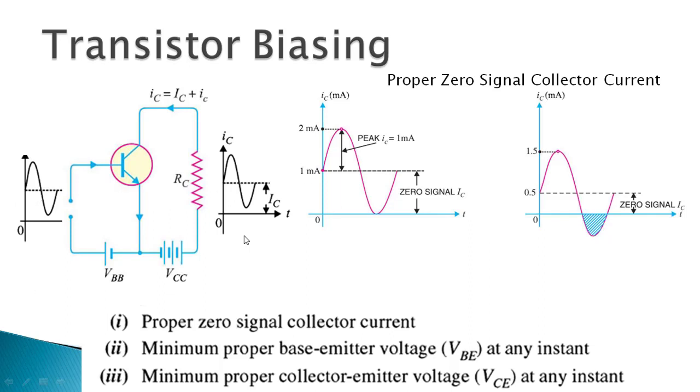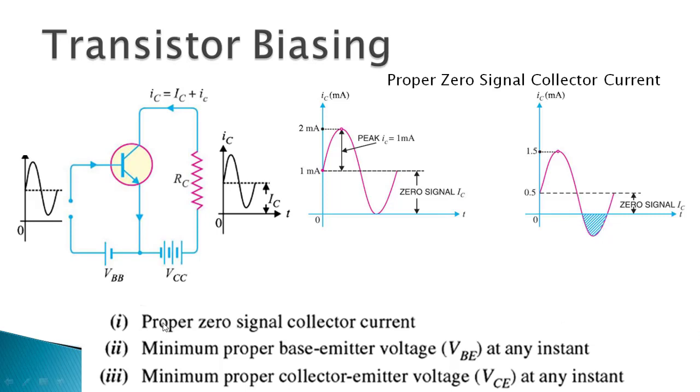Because beta, the common emitter current gain, is equal to IC divided by IB. So if we want the zero signal collector current like this, we need to apply a zero signal base current. So for a faithful amplification, we should satisfy the following conditions. What are they?